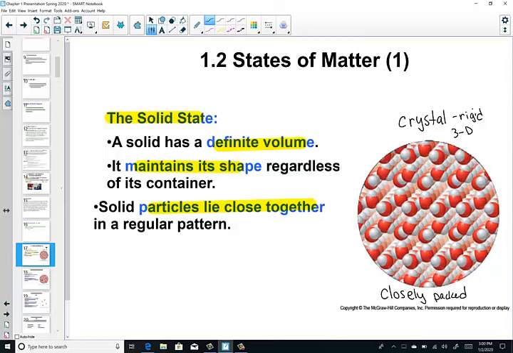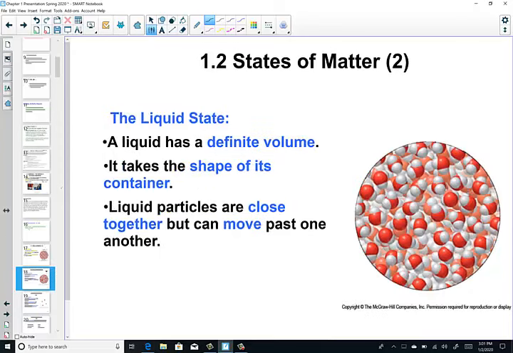Think of an ice cube. If I take an ice cube and place it into a container, the shape has stayed the same. And we know that's not true for liquids and gases. So just thinking at the molecular level, solid states are very packed together, very organized, and very rigid in their structure. And if you compare that to the organization of the liquid state, a liquid has definite volume.